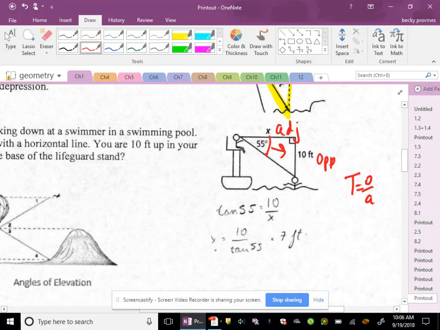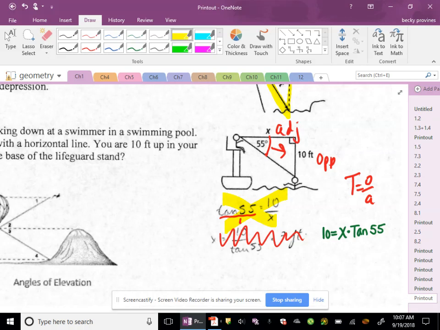Now you might say, how do you get all this down here? Let's just scribble it out and I'll show you. Let's put the tangent 55 over 1, and we're going to cross multiply. So 1 times 10 is 10. And then when you have x times tangent 55, the x goes in front, and then you have tangent 55.